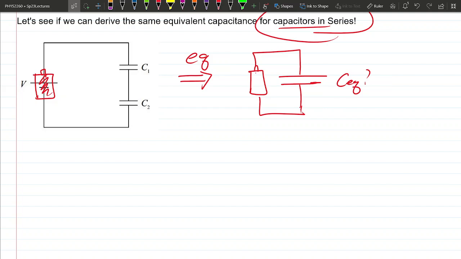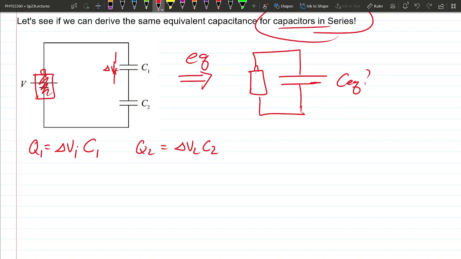So remember the rule is that the change in voltage across a capacitor is going to be the charge divided by the capacitance. But since these things are in series, there's going to be some charge 1, change in voltage 1, capacitor 1, and some charge 2, change in voltage 2, capacitor 2.